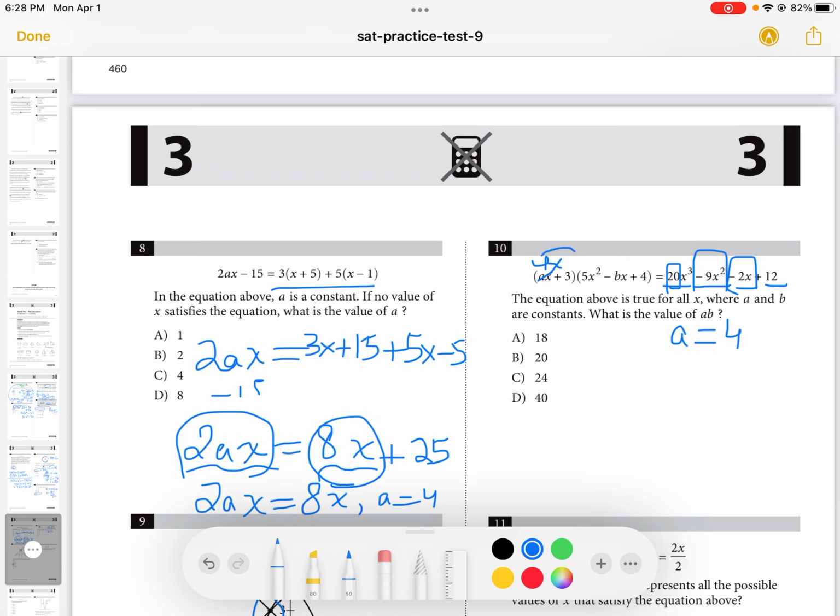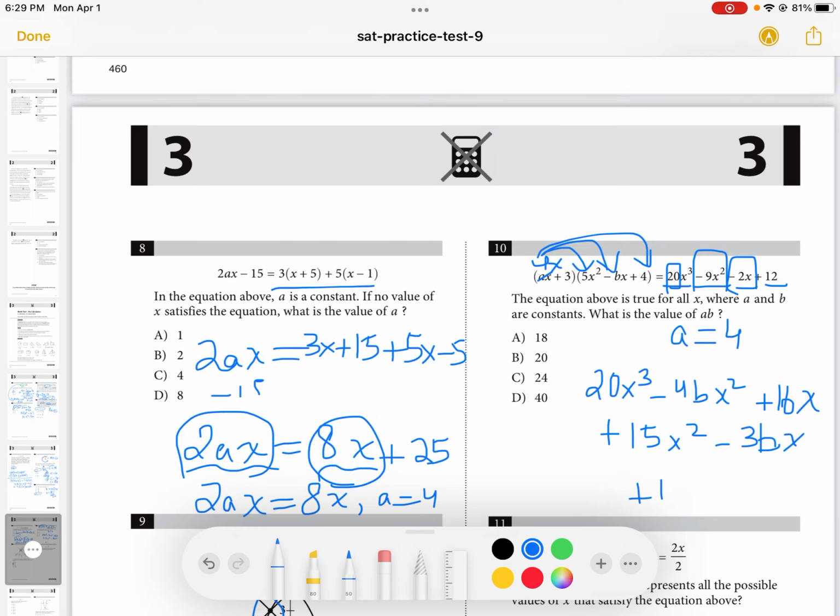So when we expand this out, we get 20x cubed minus 4bx squared plus 16x plus 15x squared minus 3bx and then plus 12.